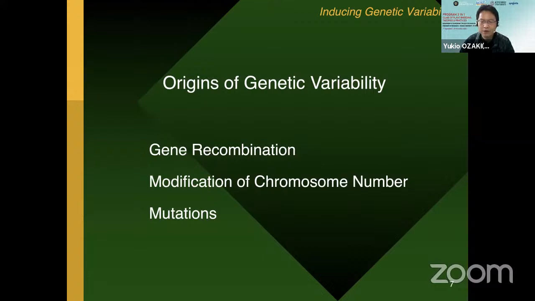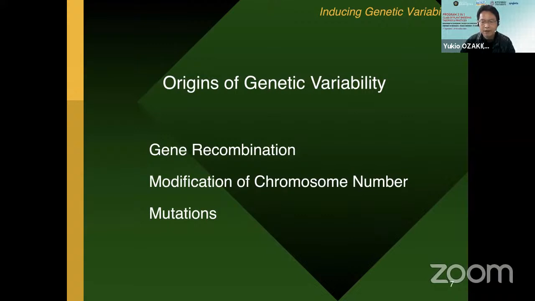That is, you cannot breed for disease resistance if the gene conferring resistance to the disease of interest does not occur in the base population. There are three ways in which genetic or heritable variability originates in nature: gene recombination, modification of chromosome number, and mutations.